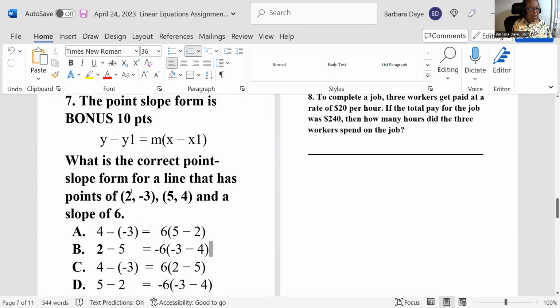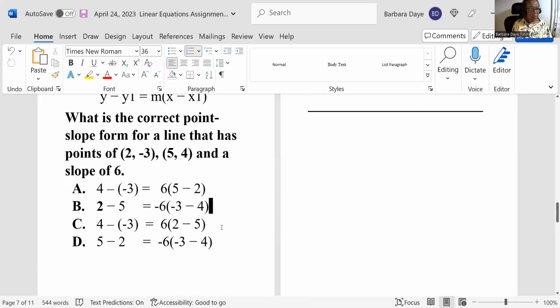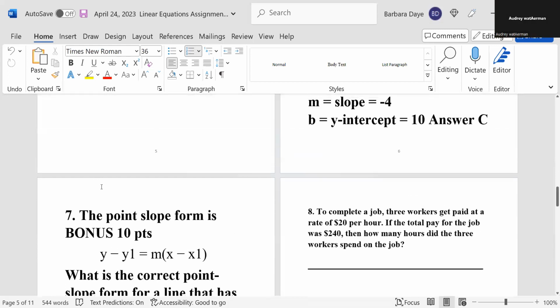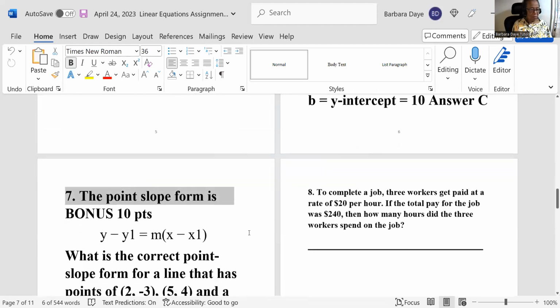You could really take those and label them as x and y. I had that too, but then I didn't know what to do with the 6.